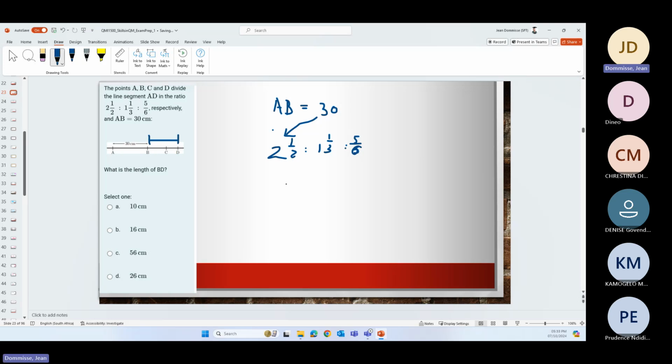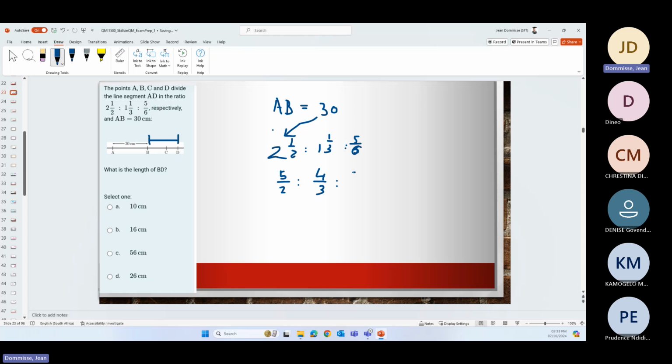So 2.5 will be 2 times 2 plus 1 is 5/2. So I'll first do that, and then I'll see if we need to then get everything on one common divider, so that we can get everything the same. So 2.5 is 5/2. 1 1/3 is 3 times 1 is 3, plus 1 is 4/3.